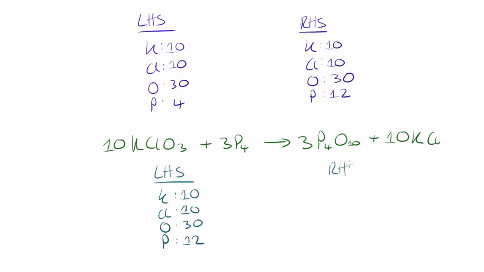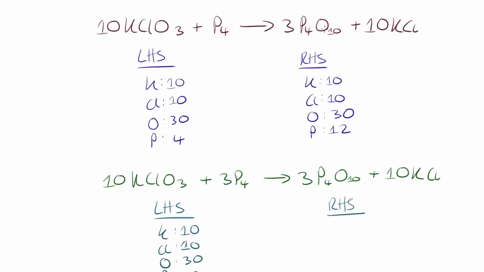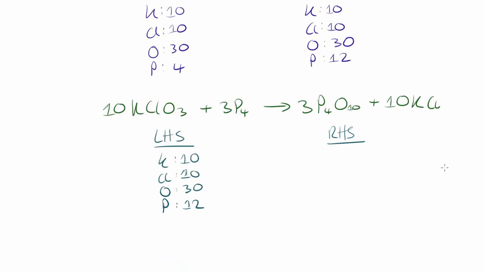And on the right hand side, in this particular step, we didn't do anything to this side. So it's literally, as you can see, just going to be the same numbers we calculated, right? Because it is literally the same thing.